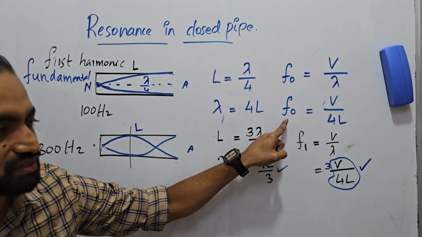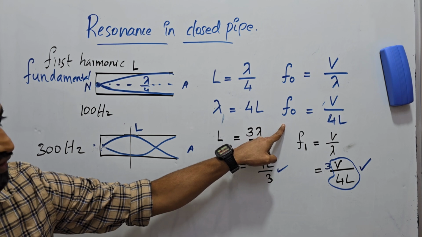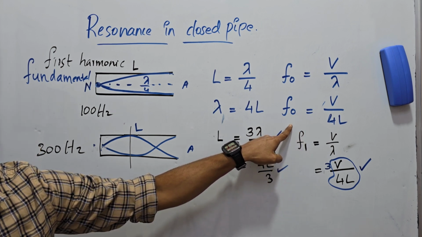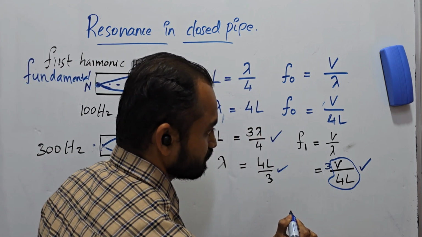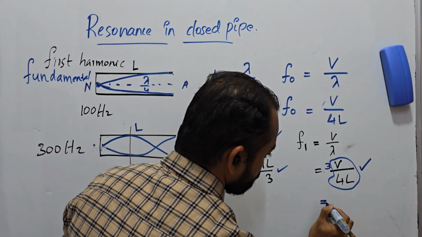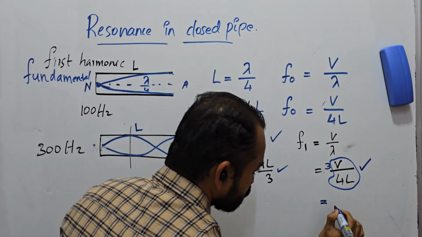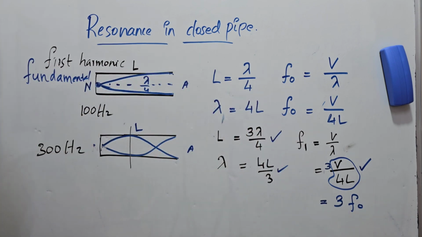V by 4L is the fundamental frequency, right? Correct? So what will be the frequency of the first overtone? The frequency of the first overtone will be 3 times fundamental frequency, right?